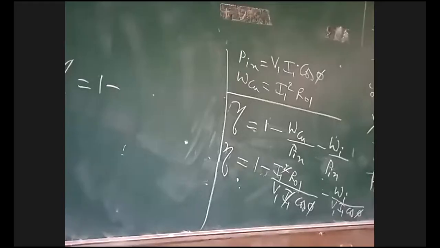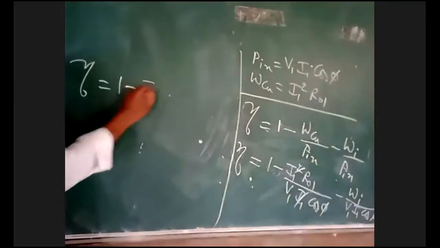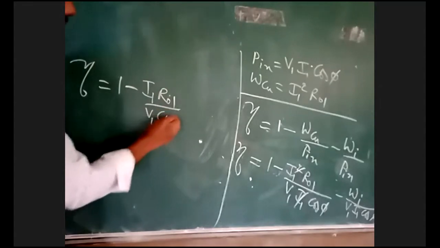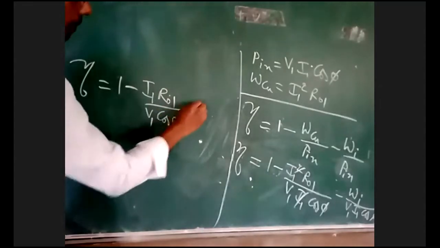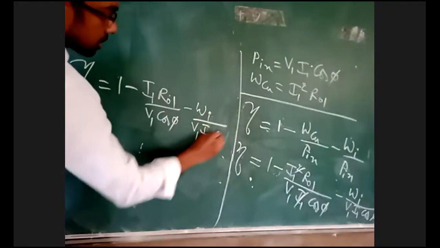Okay, see here, eta is equal to 1 minus I1 into R01 by V1 cos phi minus Wi by V1 I1 cos phi.